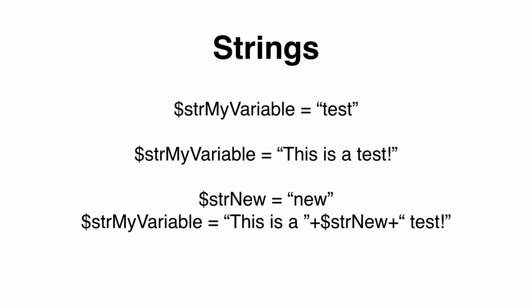So we call a $ sign strNew with the word new, and to add that to the other variable, we can say we want to assign this is a, then call the word new from a variable and say test. And the result of this will be this is a new test.